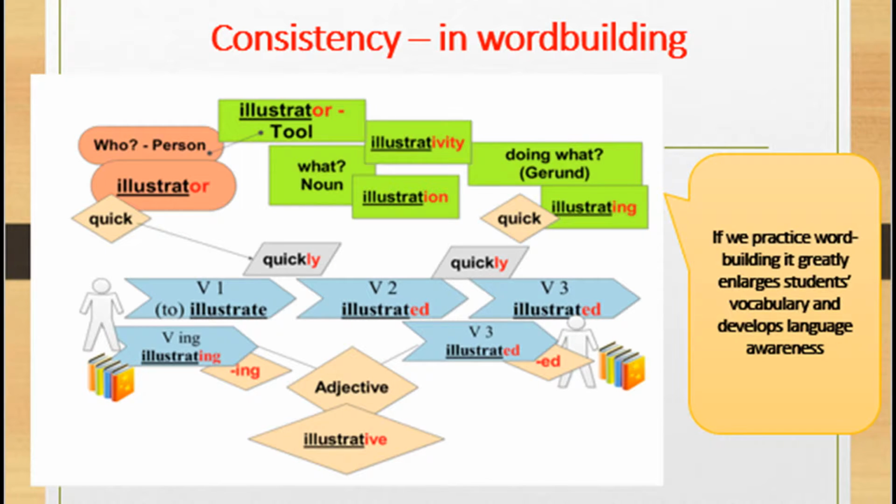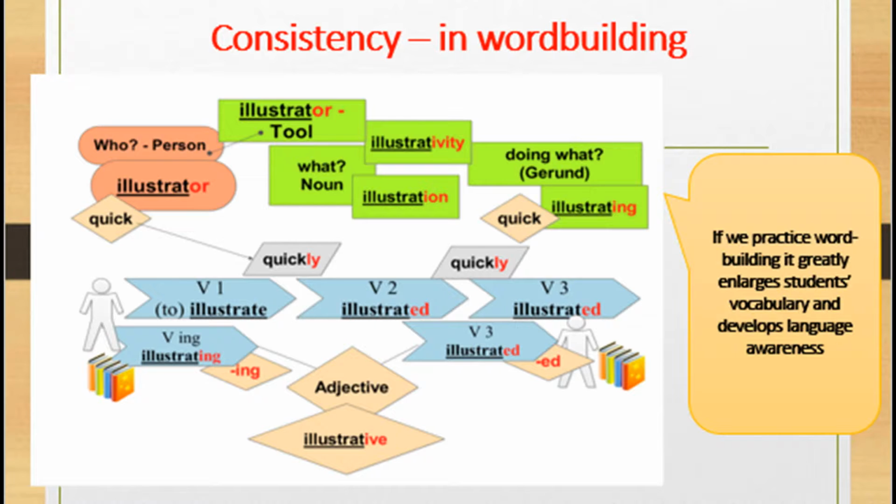That is why here we can think of it as an adjective, so it is also given in a rhombus, in a diamond shape, and other parts of the word family are presented in a bubble: illustrator, which is obviously a person, and the tool answering the question what.